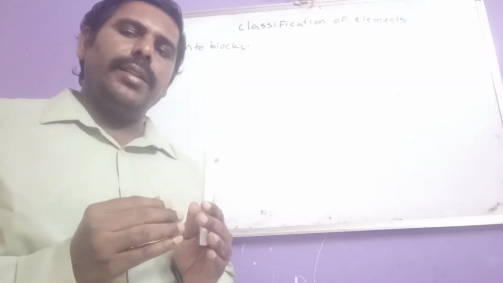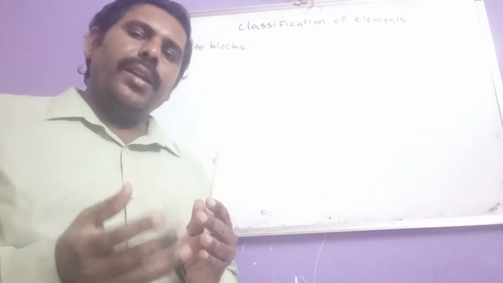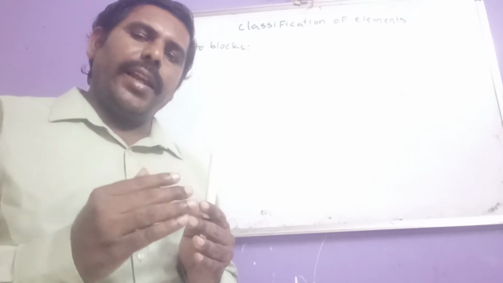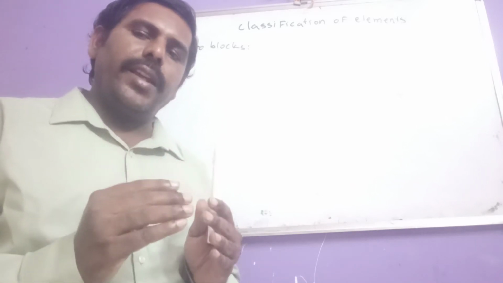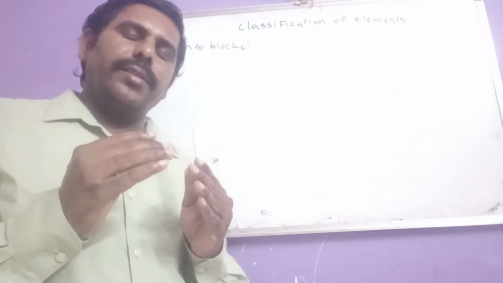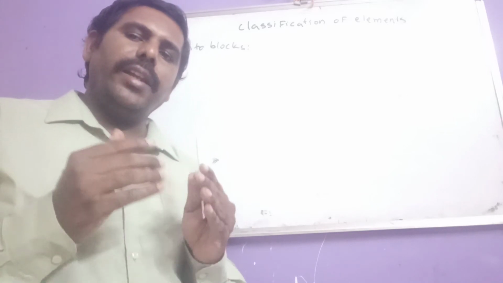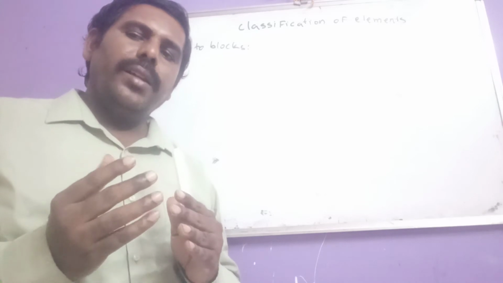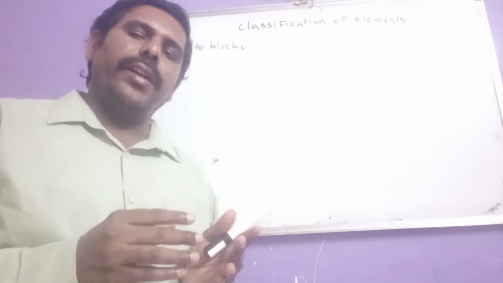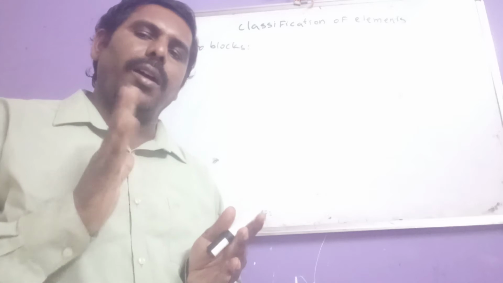And how is that divided? Based on the differentiating electron. Based on the entrance of the differentiating electron into the subshell, the elements are classified into four different blocks.